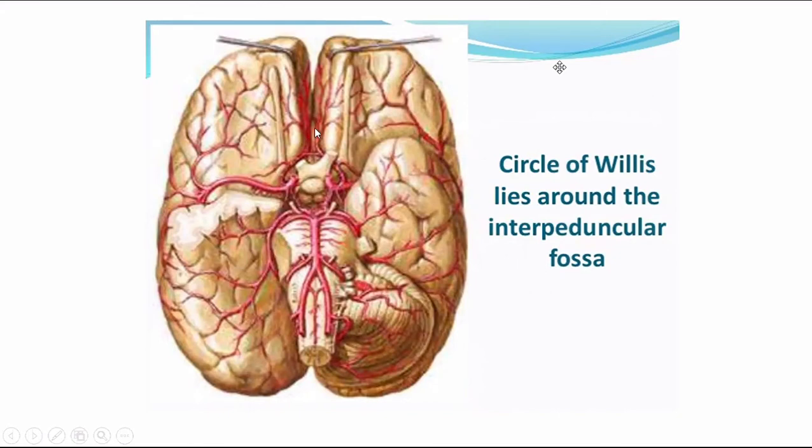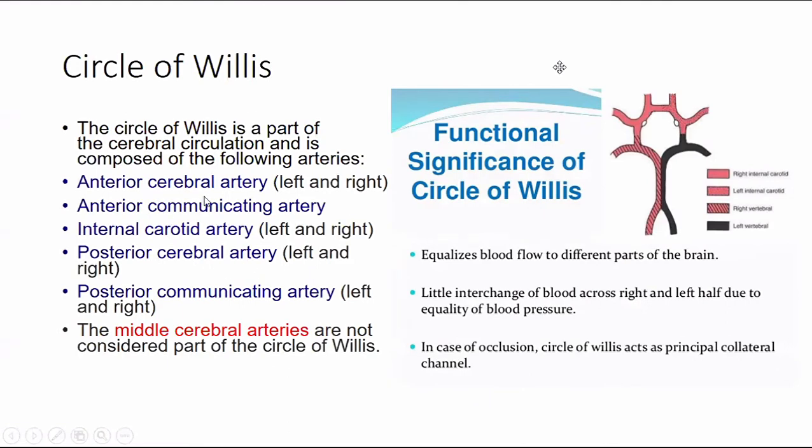The anterior cerebral arteries, paired, connected by the anterior communicating artery. We have the posterior cerebral arteries here, and the posterior communicating arteries, which connect the posterior cerebral artery with the internal carotid artery. So yun. Anterior cerebral artery, left and right. Anterior communicating artery, which connects both the right and the left anterior cerebral arteries.